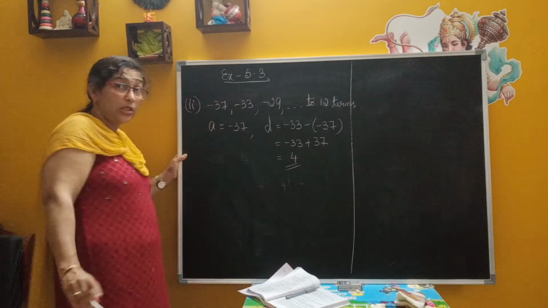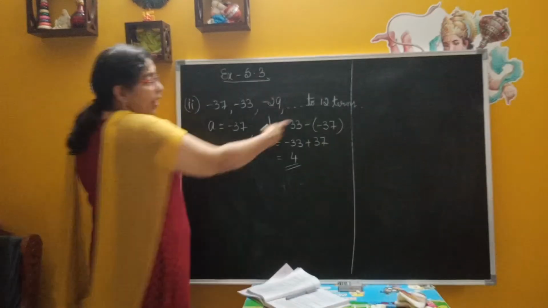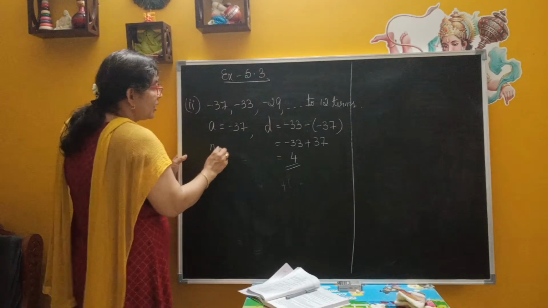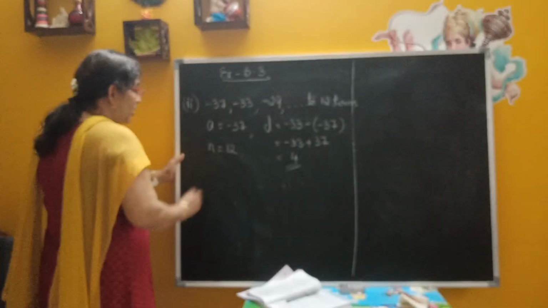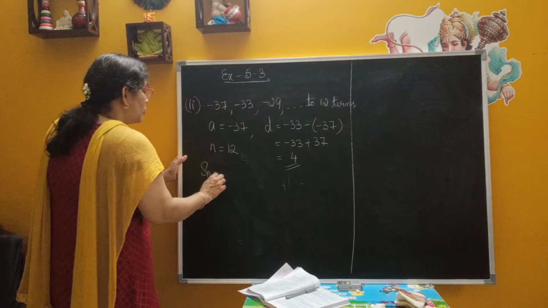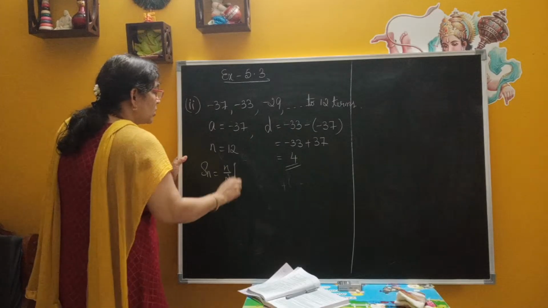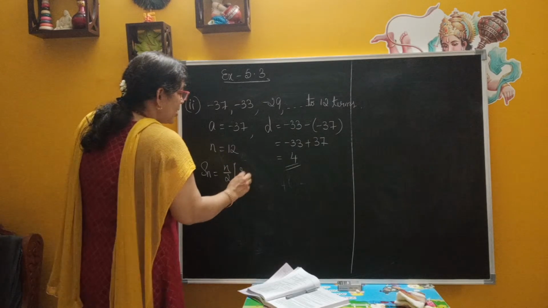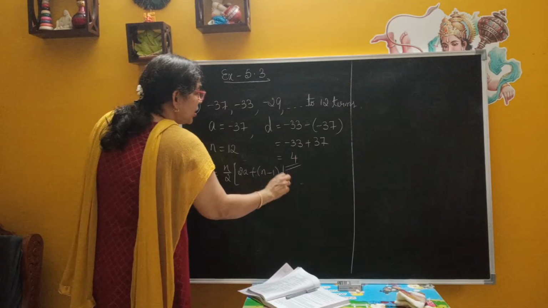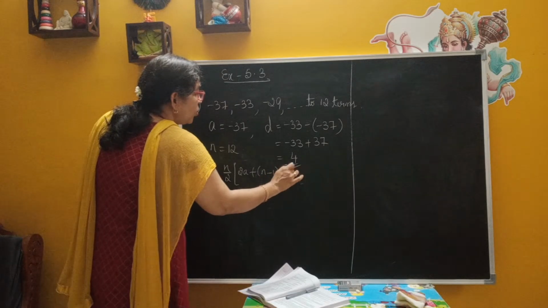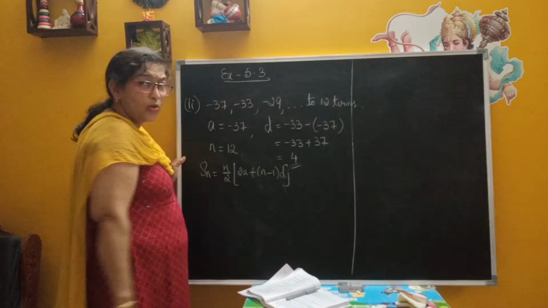It is plus 4, see, you got a positive d. And n is equal to 12. Let us use the formula Sn is equal to n by 2 into 2a plus n minus 1 into d. If you don't know anything, at least write the formula, you will get half a mark.